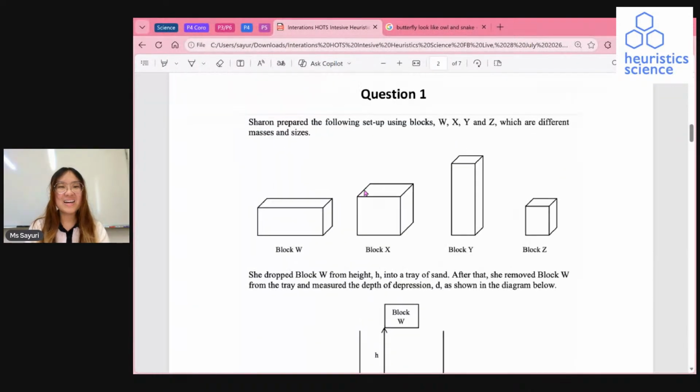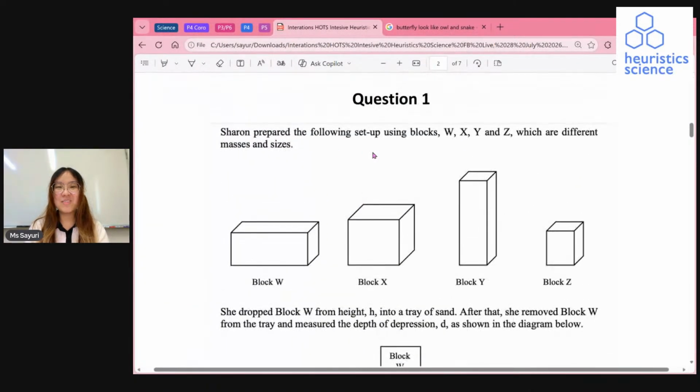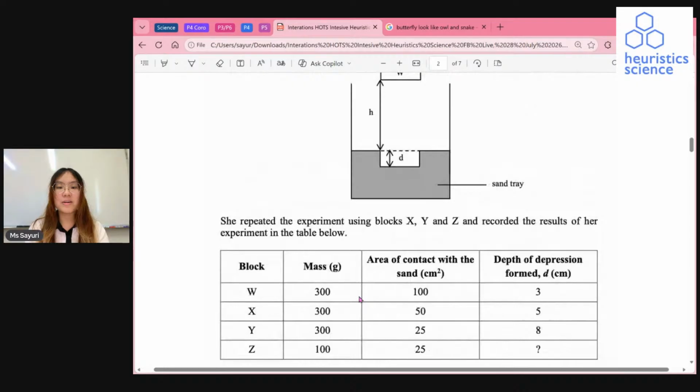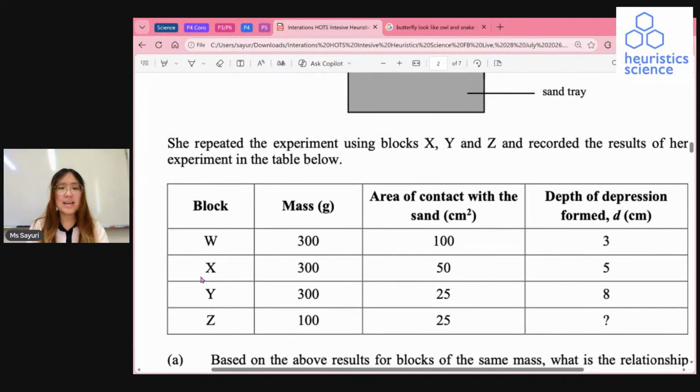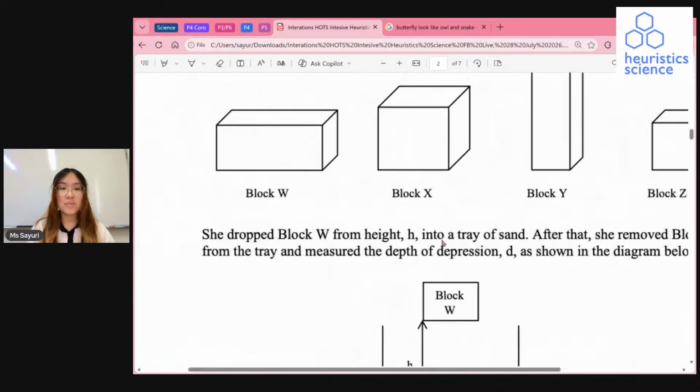Sharon prepared the following setup using the blocks W, X, Y, Z, and they are all different mass, different size. In this case, you can see that all three of W, X, Y are the same mass, and the areas in contact with the sand are different.